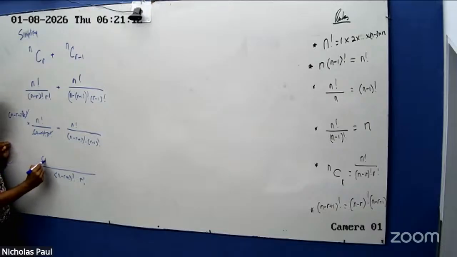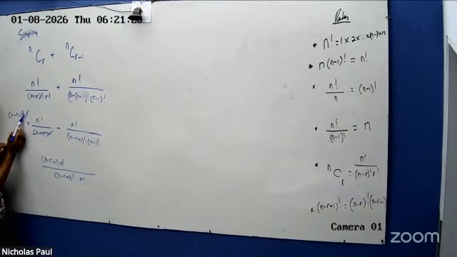So you'll end up with n factorial. The r's will cancel here, and this entire term cancels with the factorial sign. You can remember it like that if you want.